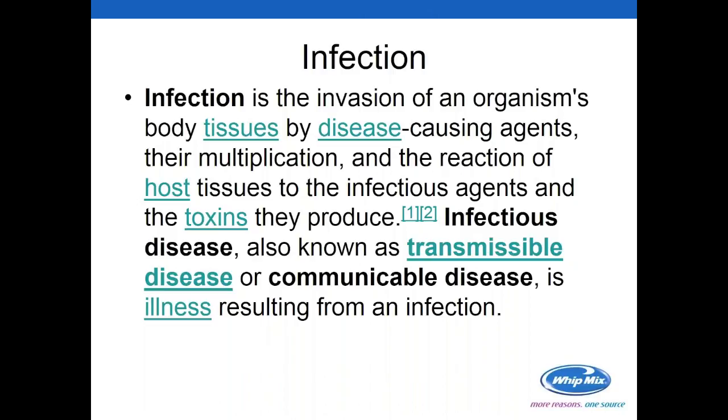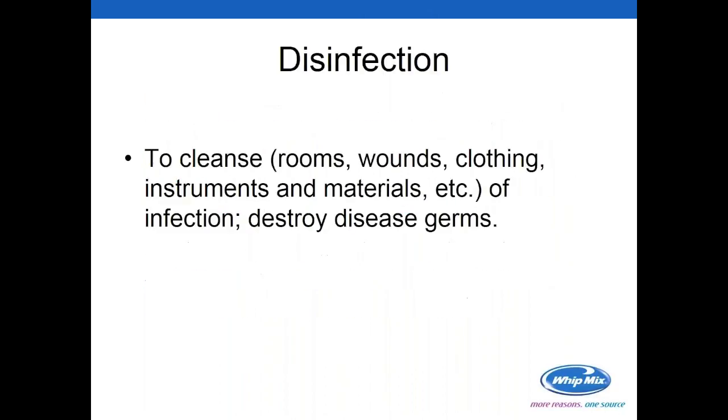When you pass that around, this kind of transmissible disease is also called a communicable disease. It's an illness that results from an infection, but is one that doesn't just stay within the individual host. The person who has it can also transmit it to somebody else.